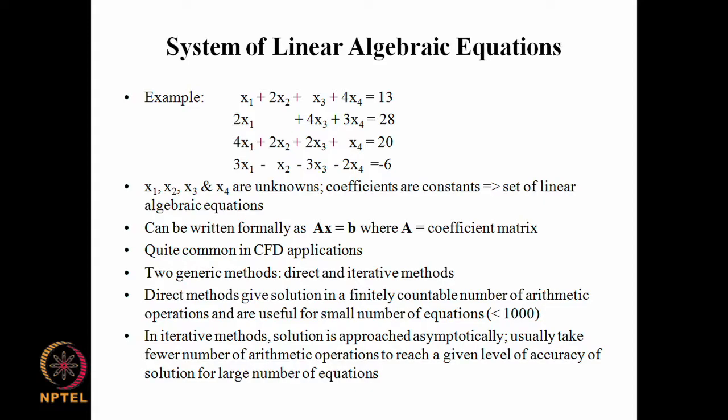Otherwise, it is a method which is quite good, it would work, and it is an example of a direct method. Other examples are methods that you might have heard, like the Gaussian elimination method or the tridiagonal matrix algorithm. These are direct methods which will give you a solution in countably finite number of arithmetic operations, pluses and minuses, and mostly what we are interested in from a computational point of view are divisions and multiplications.